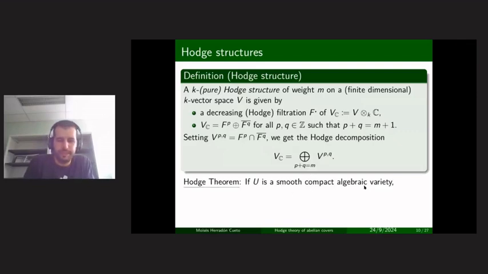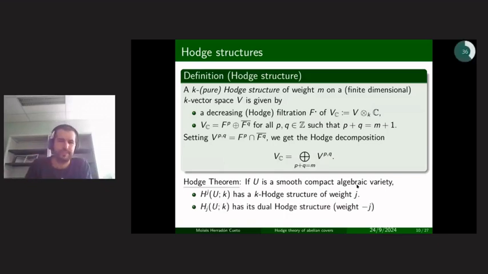If you have an algebraic variety which is smooth and compact, he showed that you get a Hodge structure of weight n on the nth degree cohomology. And just by dualizing everything inside, you can define such a thing as a dual Hodge structure, which has negative weight, and homology would also have a Hodge structure.